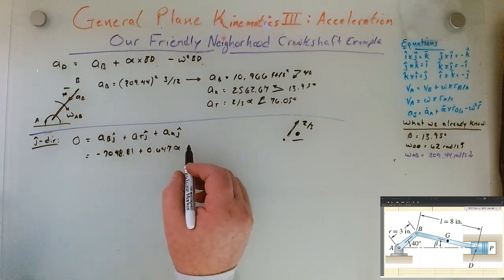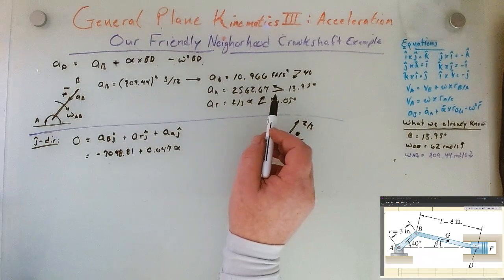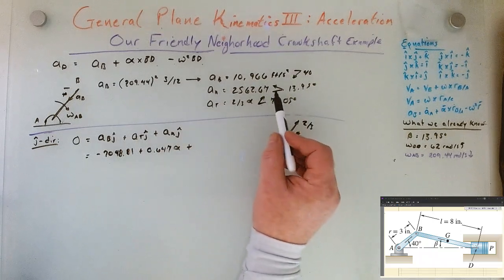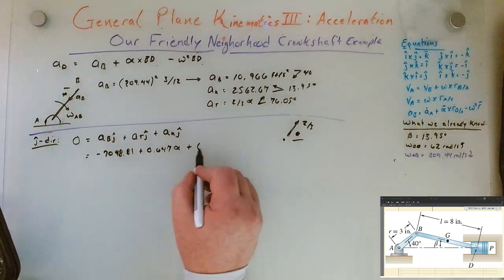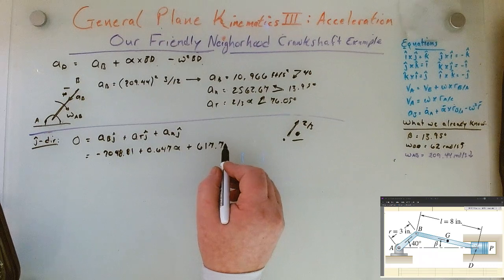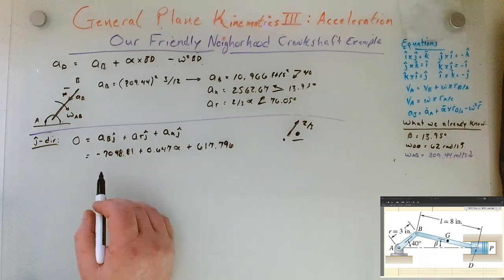And then our a sub n, we're in the j direction, so this is still positive, and it's this much, 2562.67, times the sine of beta, which is 13.95, and that gives us 617.796.